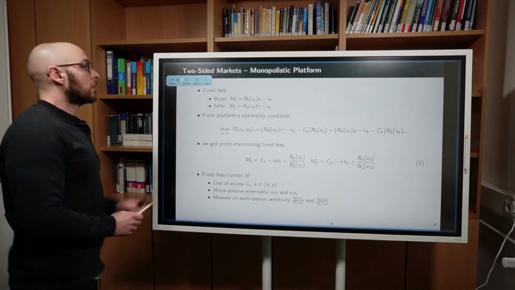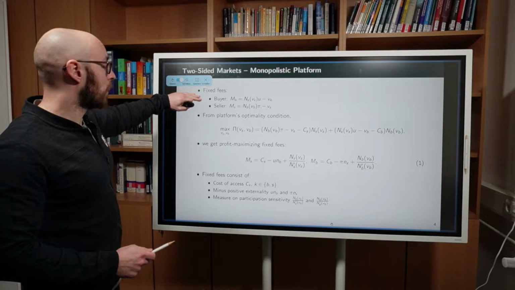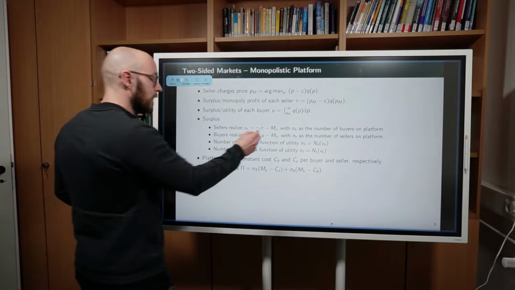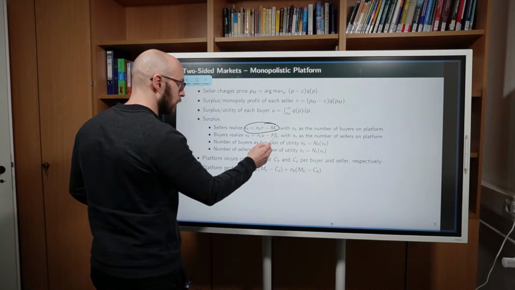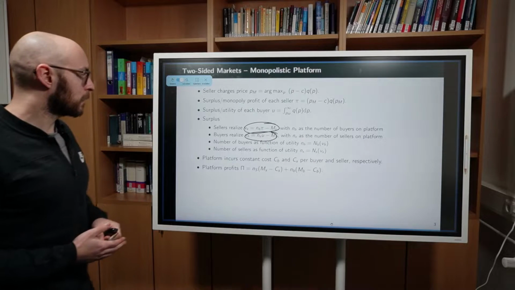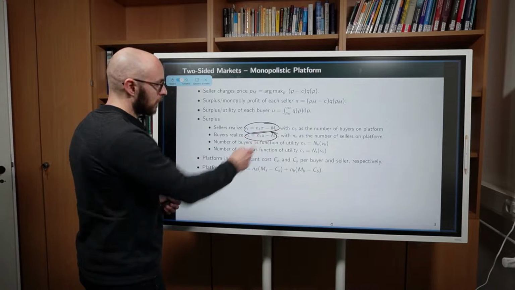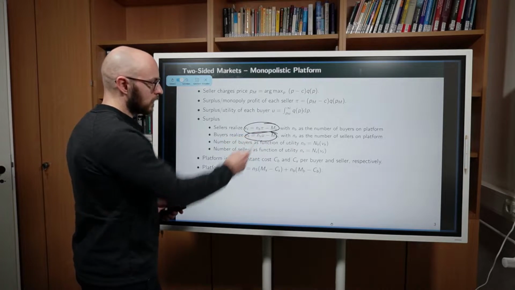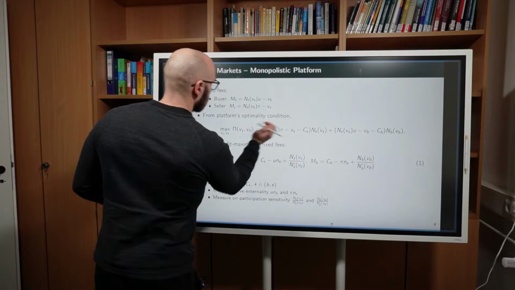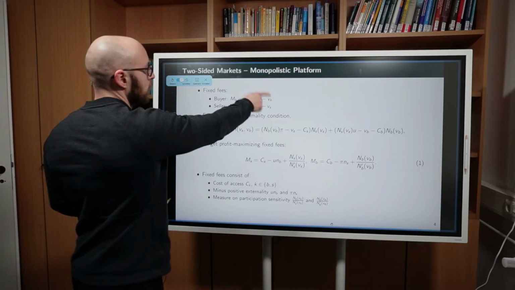Now, we can compute the fixed fees. How can we derive this expression here? Pretty simple. We have this here and this here. So this is the surplus that is realized by the sellers and by the buyers, and we see that this is a function of MS and MB, and we can just rearrange these two expressions. Before we had VB is equal to NS times u minus MB, and we just rearrange this.